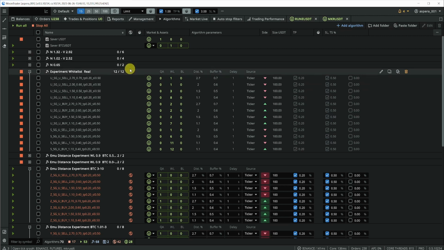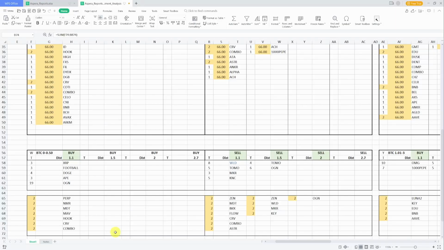Because again, the picture from 3 weeks ago, 2 weeks ago is very much different from what we currently have.